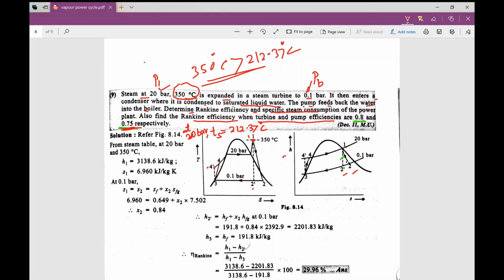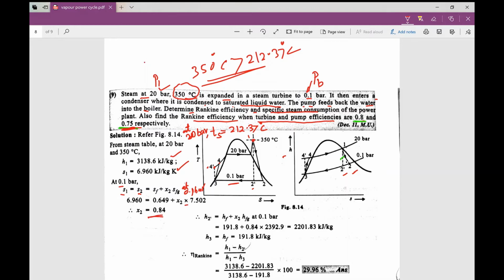So now come to calculate from the superheated steam table. Once it is judged that steam is superheated, we find enthalpy and entropy. Right, now at point 1 bar, that is your back pressure or condenser pressure, S1 is equal to S2, as you have already seen. So we can calculate these values by writing at 0.1 bar from the steam table. We can write in this way.